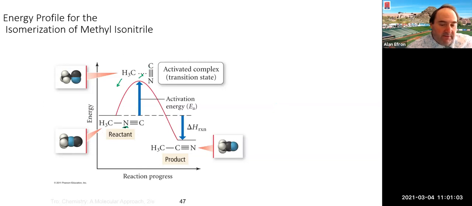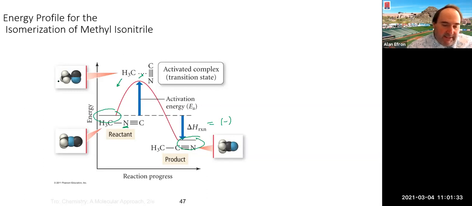Remember here, the nitrogen started connected there to the CH3. We're now rotating it into the carbon being the guy attaching, again dropping back down the hill where we get the final rotation that occurs. The change in energy that occurs, which is our delta H in this case, would be negative, as again, our reactants are higher in energy than our products, and that change in the enthalpy would result in a negative number.